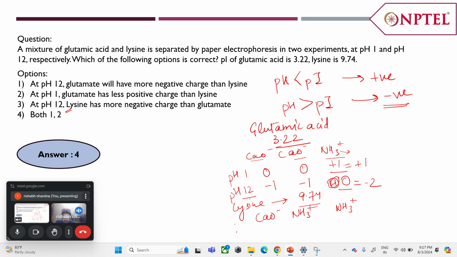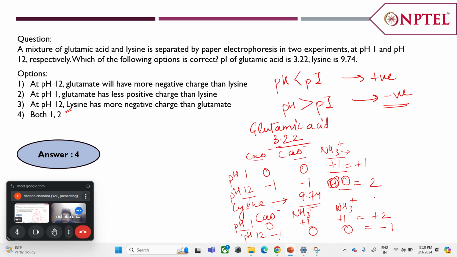So now at pH 1, what would happen? This would be 0 because H plus would have bound here, then plus 1, plus 1. So it will be plus 2. At pH 12, what would happen? This would be minus 1. Okay, this would be neutral, this would be neutral, so it will be minus 1.